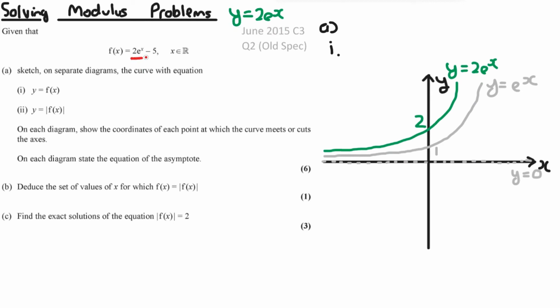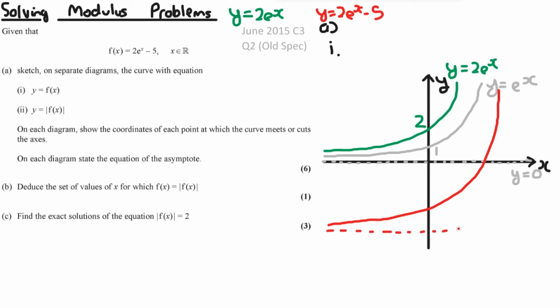So the graph of 2e to the power of x minus 5 will be shifted down the y-axis by 5, so it's going to look something like this here, like that, where the asymptote has gone down by 5, so it's going to be here now, and then 0 minus 5 is just minus 5, so the new asymptote is at y is equal to minus 5.